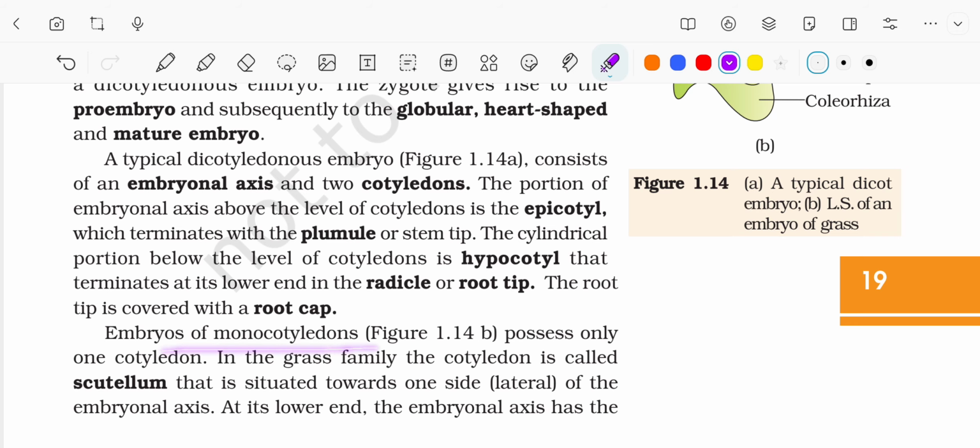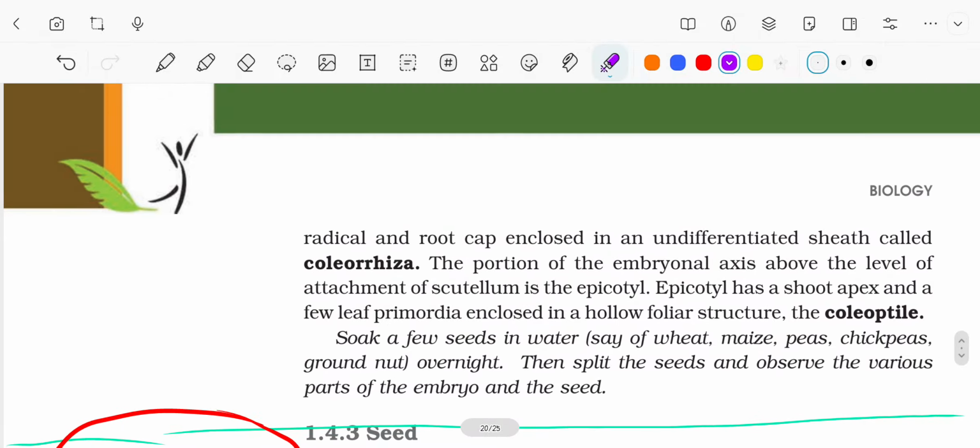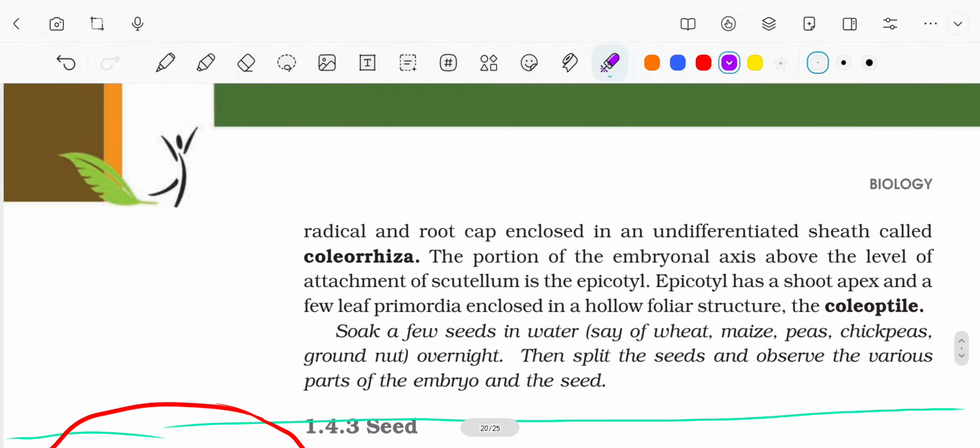The embryo of monocotyledons possesses only one cotyledon, and in the grass family the cotyledon is called scutellum. That is situated towards one side, lateral, of the embryonal axis, and at its lower end the embryonal axis has the radicle and root cap enclosed in an undifferentiated sheath called coleorhiza.